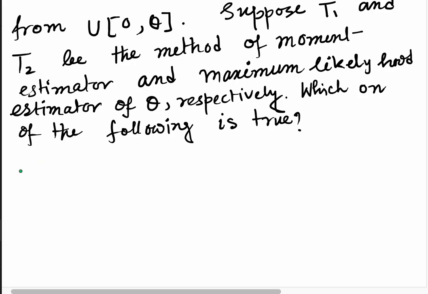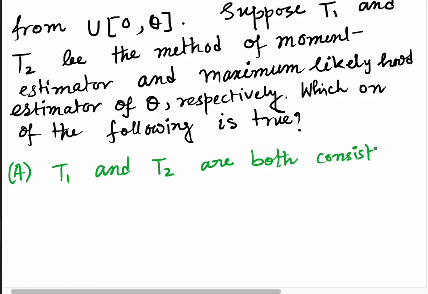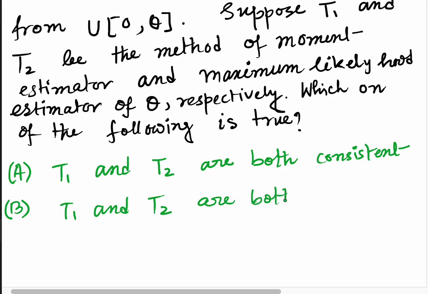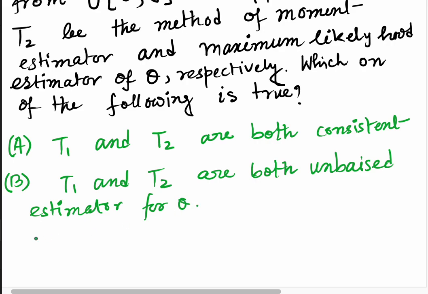So the options are: A, T1 and T2 are both consistent. B, T1 and T2 are both unbiased estimators for theta.